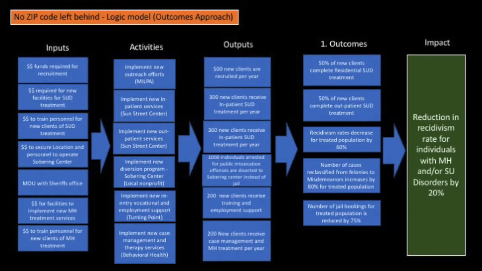We were requiring inputs, which are resources that we needed to implement activities, and this was the budget that we needed to implement these activities. So we needed money, right?